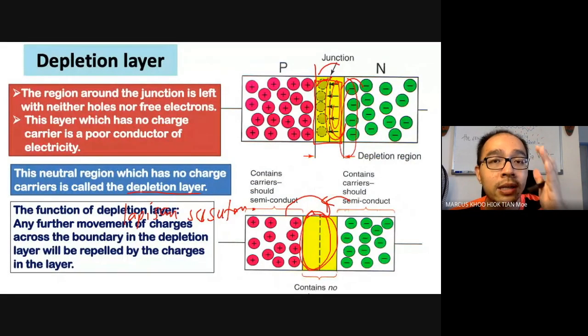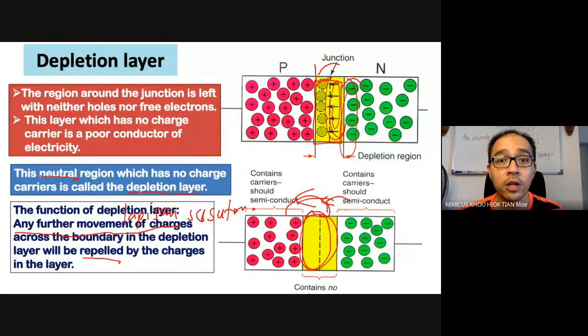When the holes and the electrons have been combined, they leave a depletion layer which is neutral. So the function of this depletion layer is to stop any further movement, to repel any further movement by the charges in this layer. The layer is very important because if the electrons cannot move, then current cannot flow.